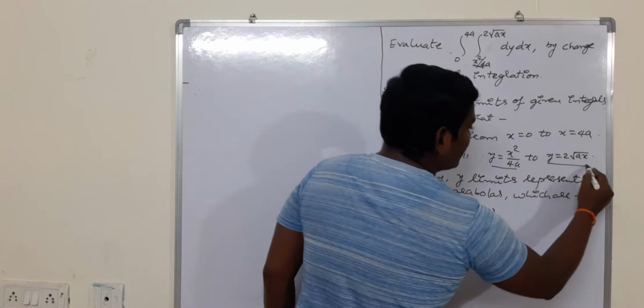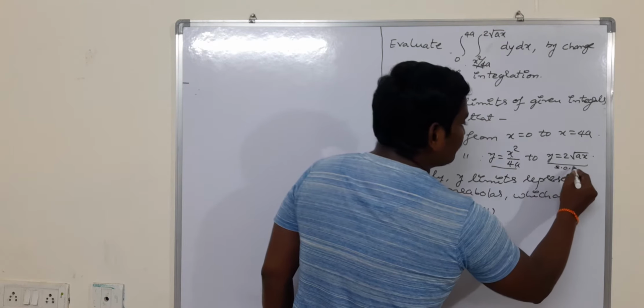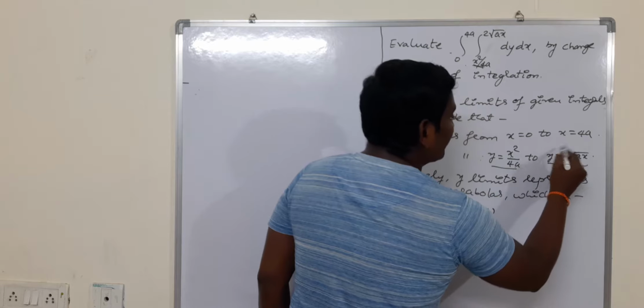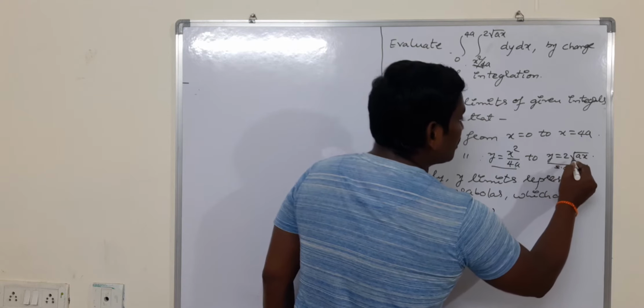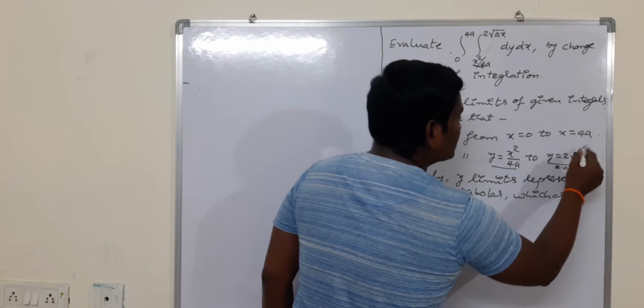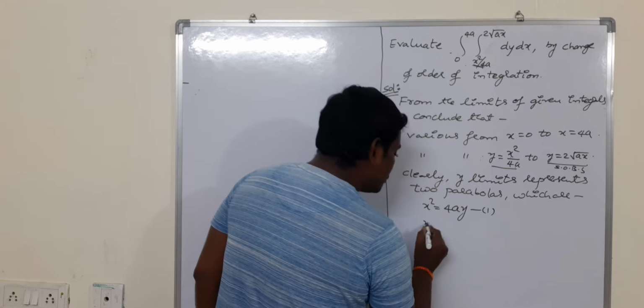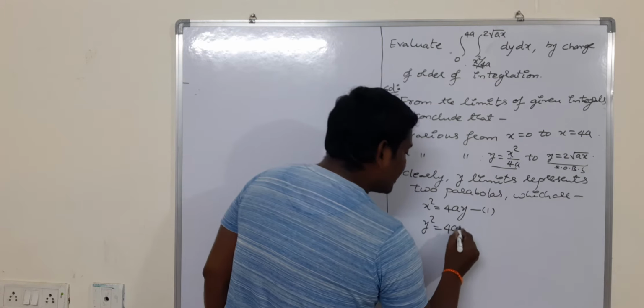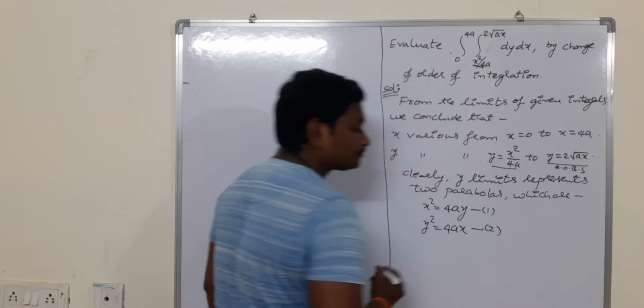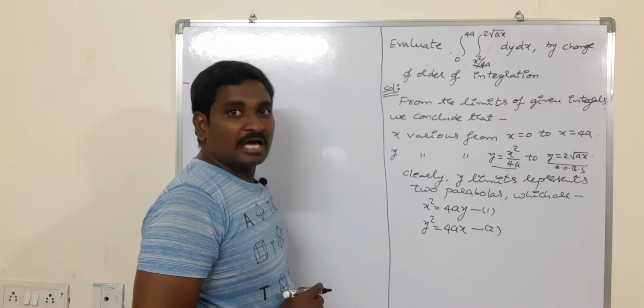And what about this one? Squaring on both sides, you will get y square is equal to 2 root ax whole square, that is 4 times ax, means the square root gets cancelled. So you will get y square is equal to 4ax. These both are standard parabolas.